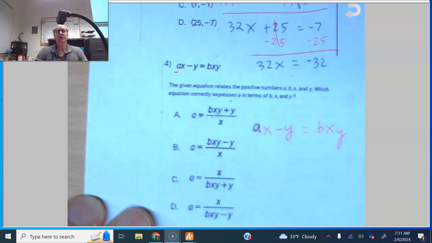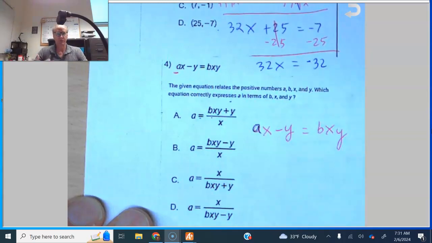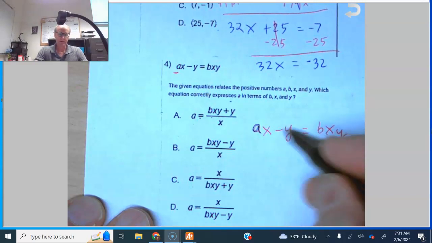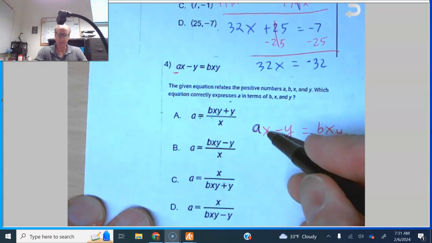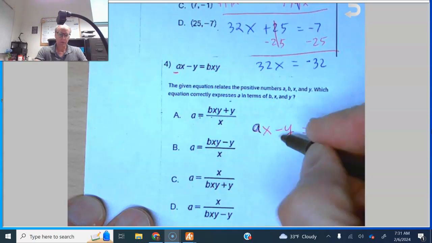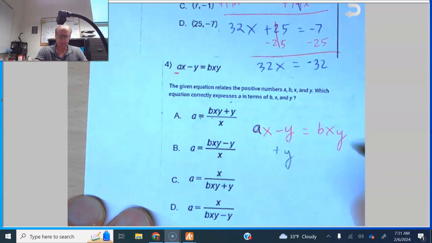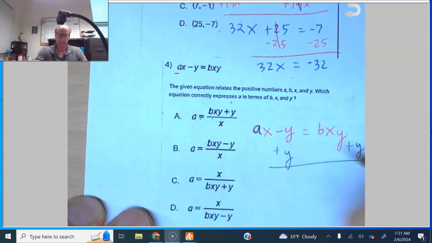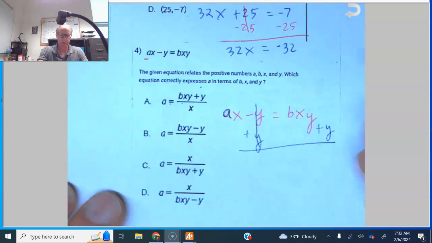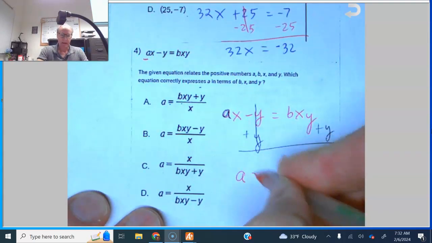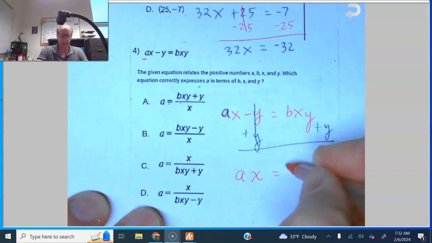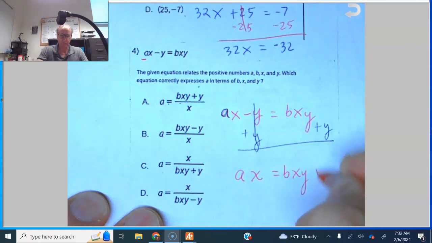Well, think about how you would do that if you wanted to solve a normal equation with numbers. You have to get rid of the negative y, and then you have to get rid of the x. One way to do that is to add y to both sides, and I'll do it in two steps. I normally wouldn't even bother, but ax then is equal to bxy plus y.